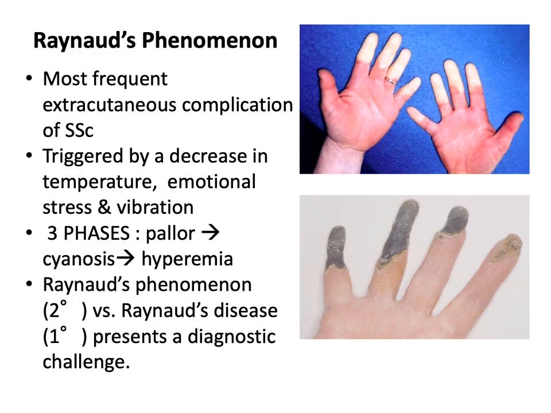But the main differentiating point between the two is doing nail fold capillaroscopy. In primary Raynaud's disease, you will see normal capillaries that appear as regularly spaced parallel vascular loops, while in secondary Raynaud's phenomenon, the nail fold capillaries are distorted with widened irregular loops and appearance of vascular dropouts.